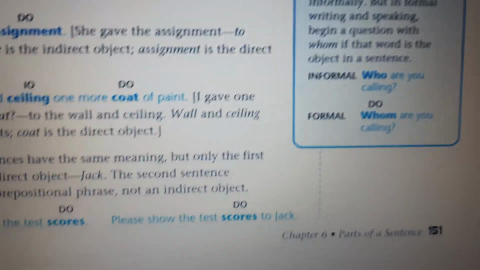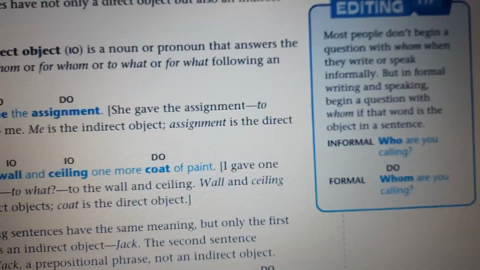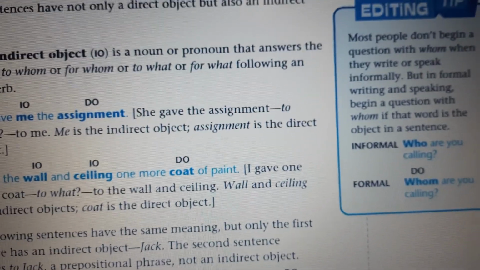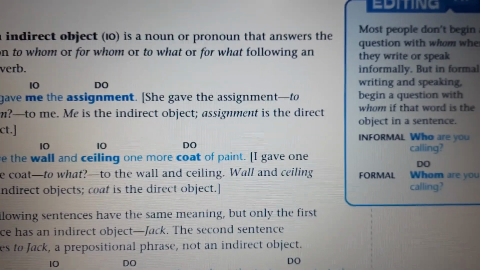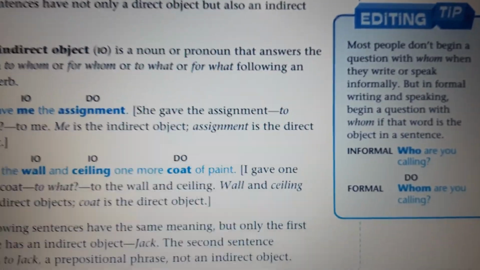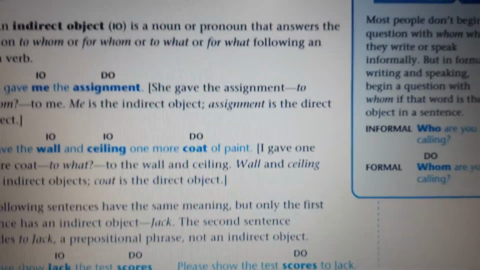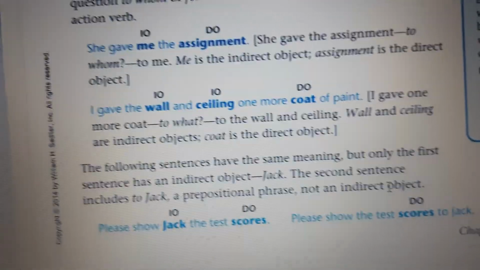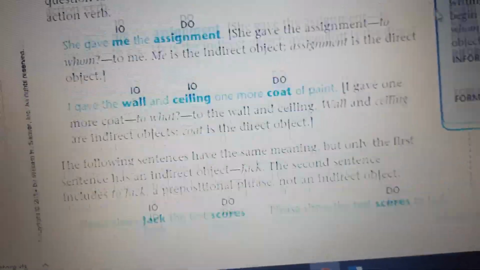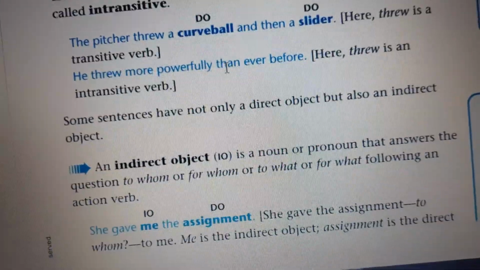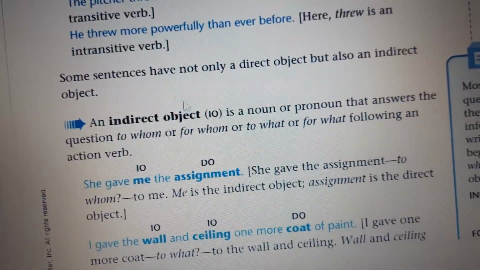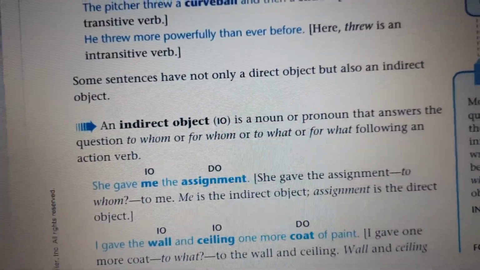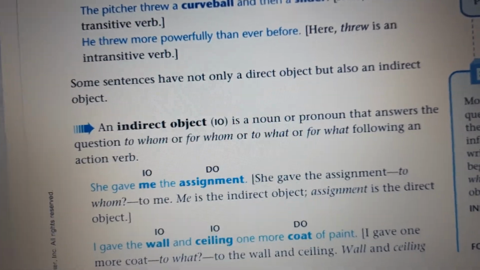Okay, so this is just an editing step. This is more information for you. It's not that it's unimportant, but listening is more important. And I want to say that you cannot find a sentence without a direct object, unless it's transitive and intransitive, but you can find a sentence with a direct object but without an indirect object.